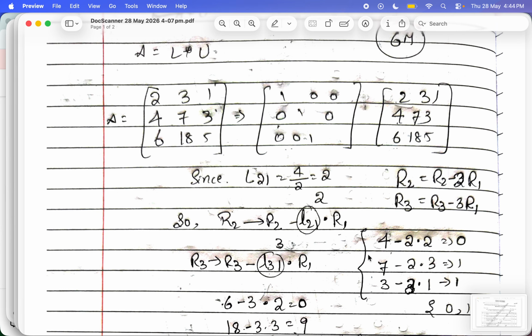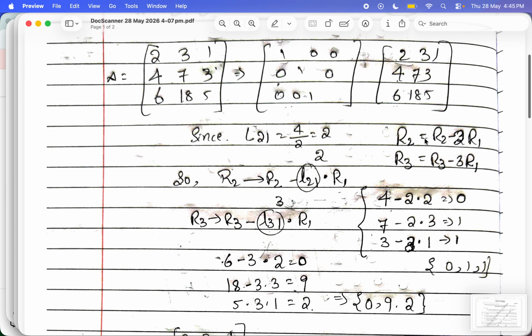So here 4 minus 2 into the R1 value, which is 2, so 4 minus 2 into 2 is 0. Similarly 7 minus 2 into 3 is 1, and 3 minus 2 into 1 is 1. So the final values for row 2 will be 0 1 1. Similarly for row 3, we are doing 6 divided by 2, which is 3.